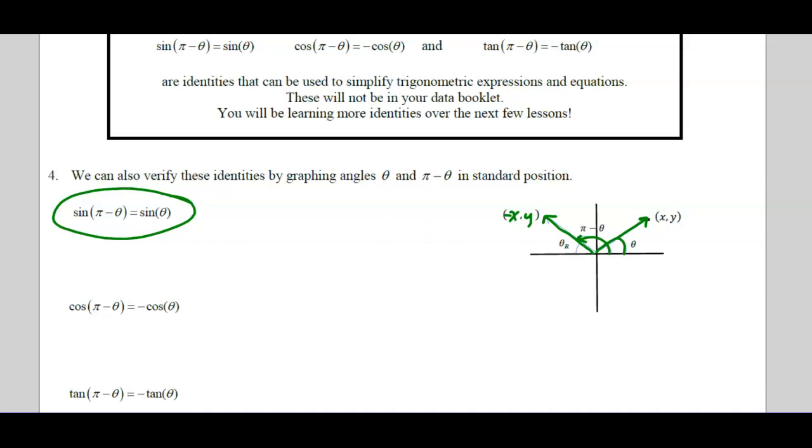So cos of pi minus theta, drawing your triangle, cos here, that's negative x. Cos of theta is x. So if we take x and multiply it by a negative, we get negative x. This is negative x. Right? They're the same.